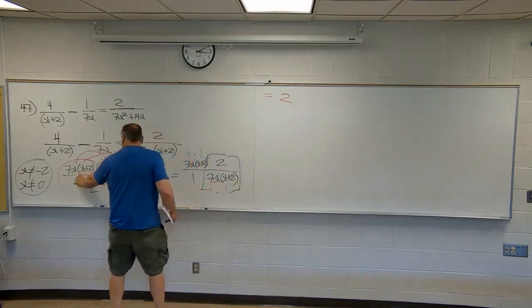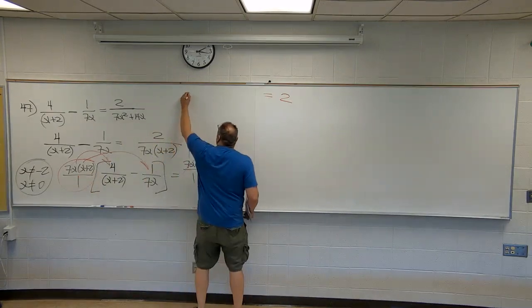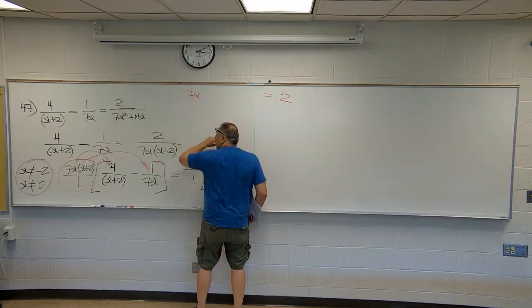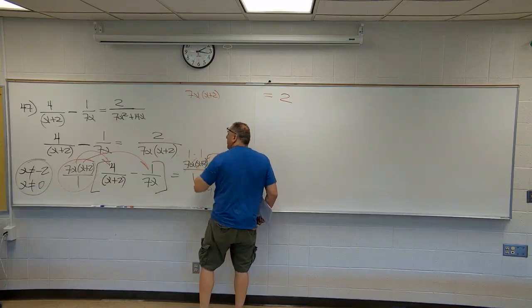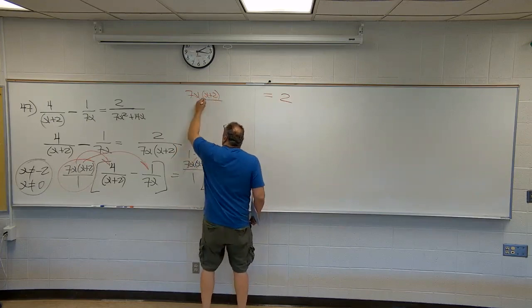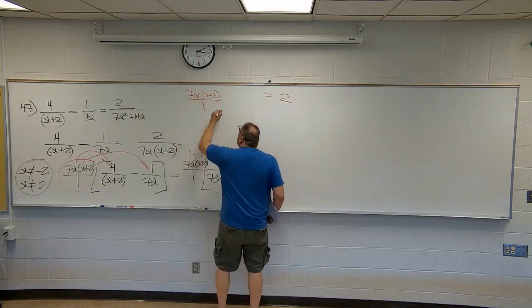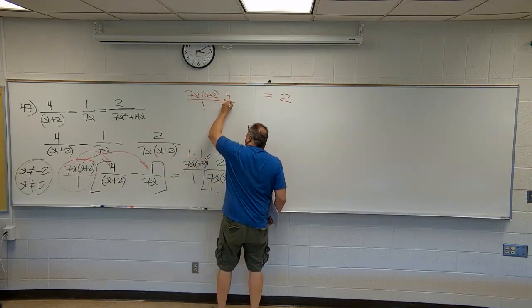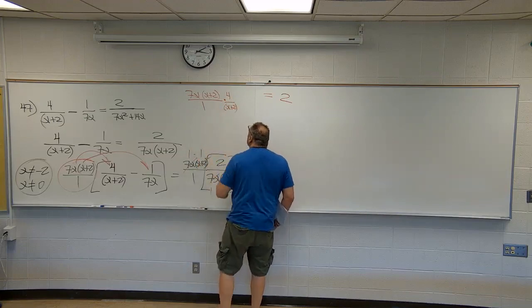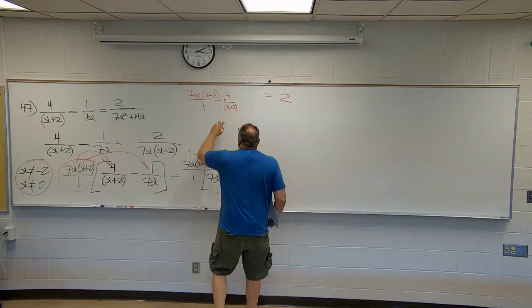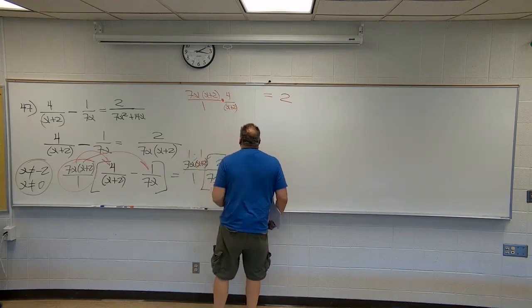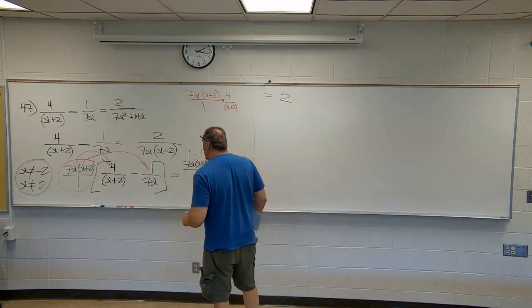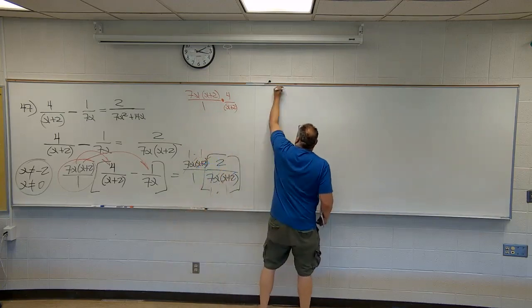This one comes over and you've got 7x, x plus 2 over 1 times 4, x plus 2.